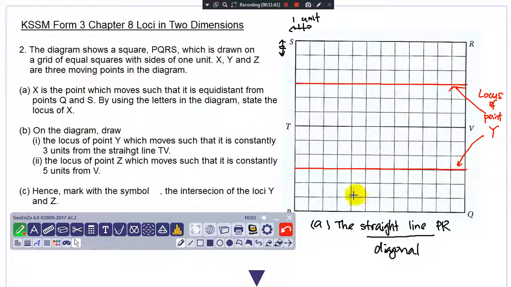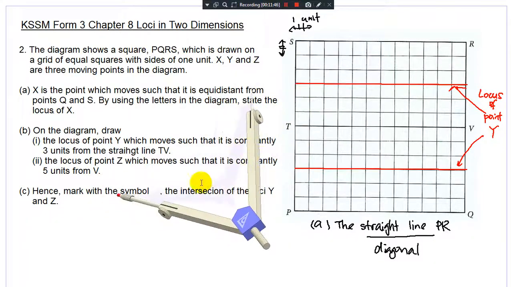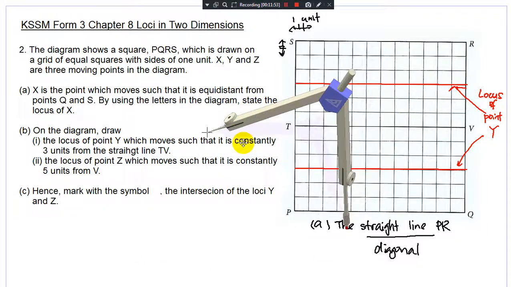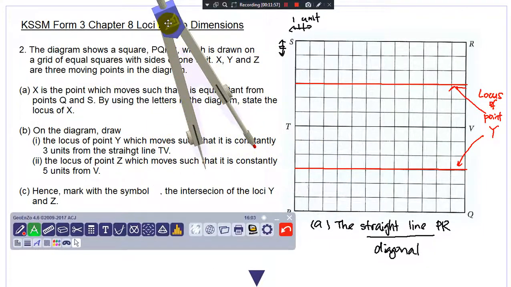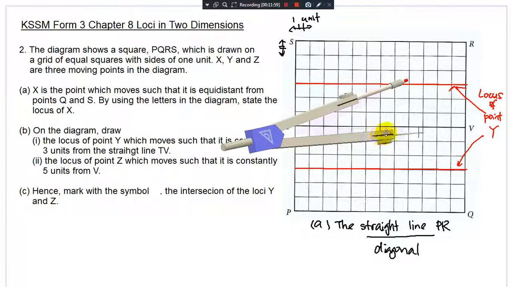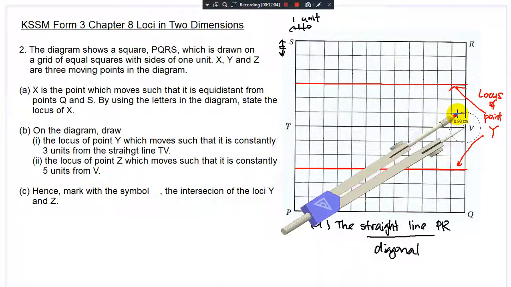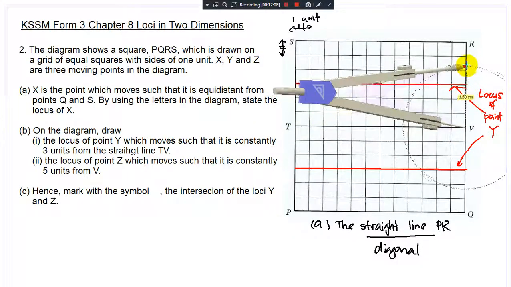Outside, we don't have to draw it. 5 units from V, right? So place the compass at V here. Start to calculate 5 units: 1, 2, 3, 4, 5.